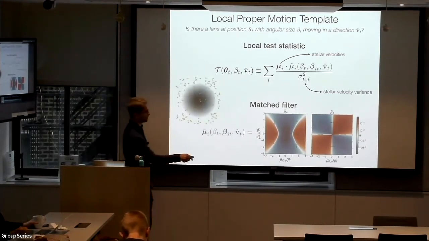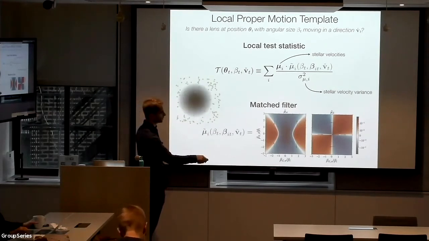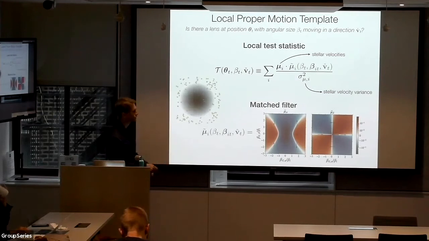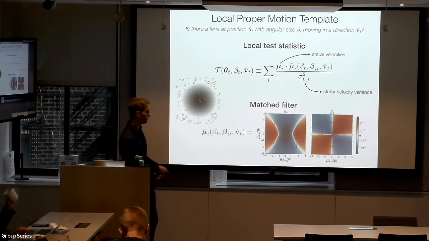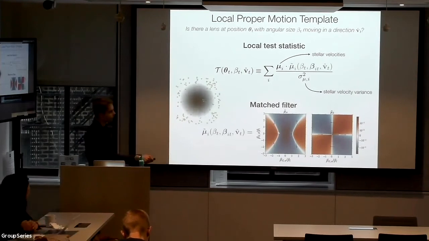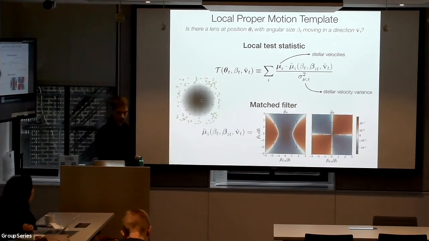And note that far outside the lens, at the edge of this plot, it's basically a universal dipole pattern. So this template would work to order 1 for any lens density profile, and you get sensitivity to the internal density profile at small distances here. Okay, so we're looking for this pattern with this template.